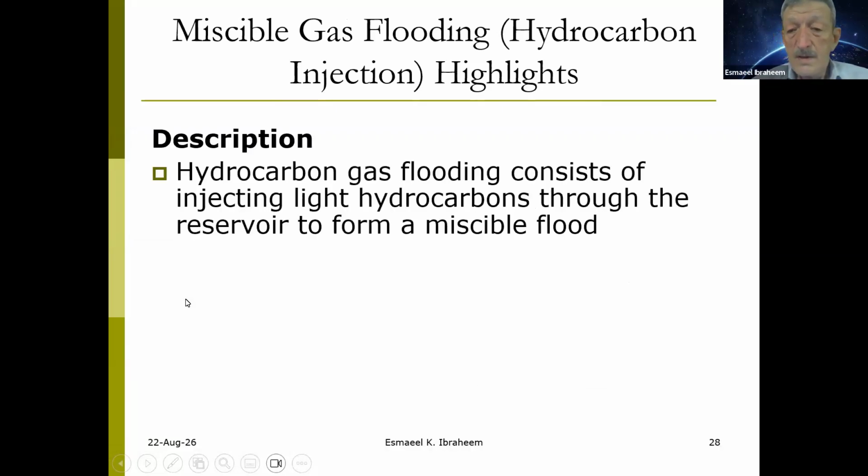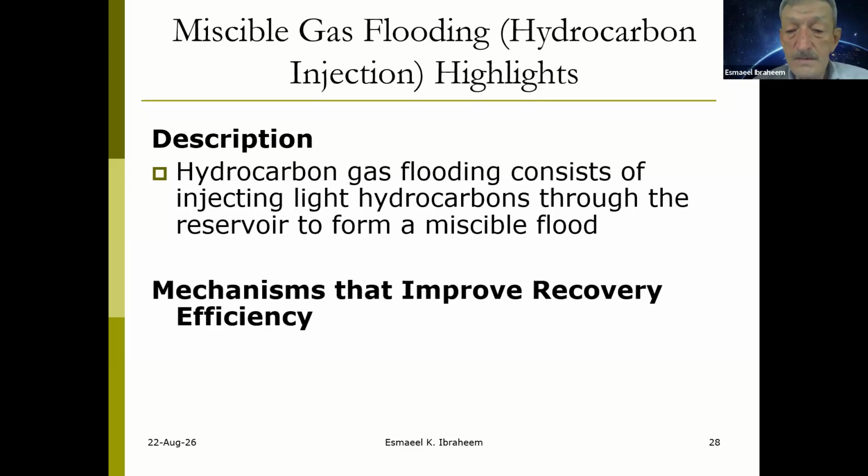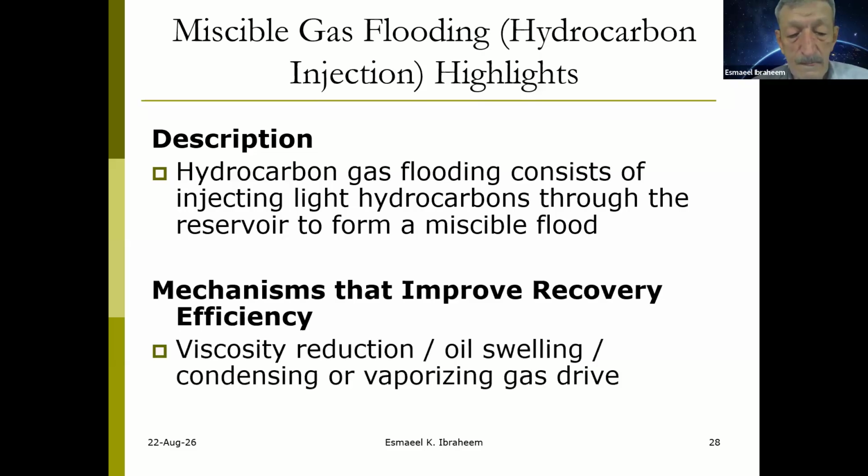Hydrocarbon gas flooding consists of injecting light hydrocarbons through the reservoir to form a miscible flood. The mechanisms that work on the trapped oil to increase the recovery efficiency are viscosity reduction, oil swelling, and condensing or vaporizing gas drive.